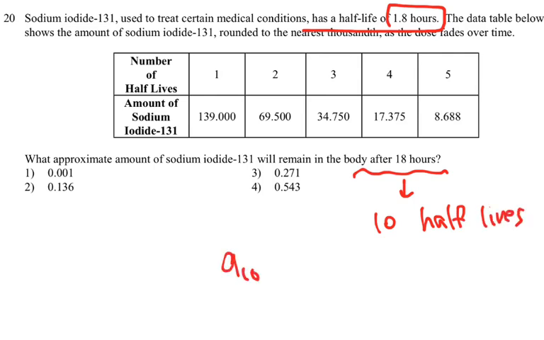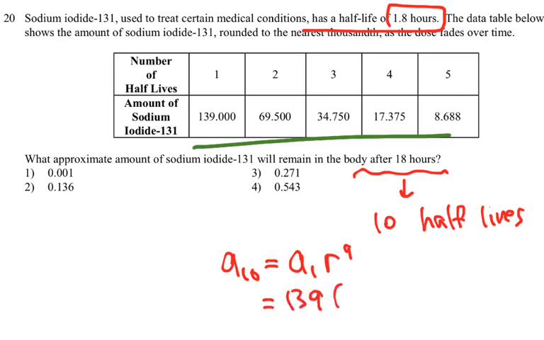Then you can consider a of 10, because each time it becomes halved, and you can see that from the example here. It's equal to a of 1, which is 139, times the half-life, which is 1/2, raised to the 9th power. Then you realize that it's approximately 0.27, so choice 3 would have been the answer.